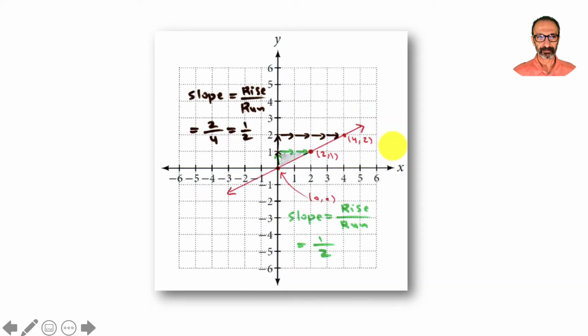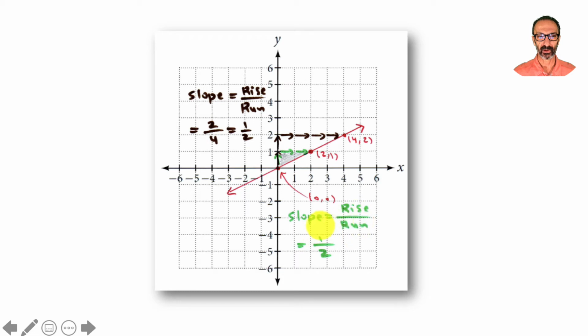Now, if we have a different slope, an angle that this line is forming with the positive x-axis, the way to do the slope is rise over run. I could go 1, 2, that's my rise. 1, 2, 3, 4, that's my run. 2 over 4 simplifies to 1/2.